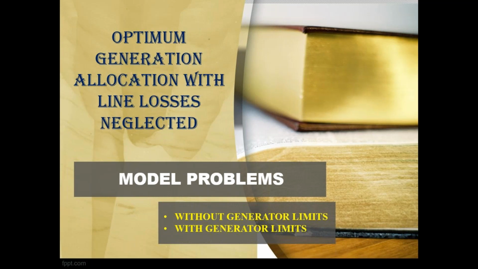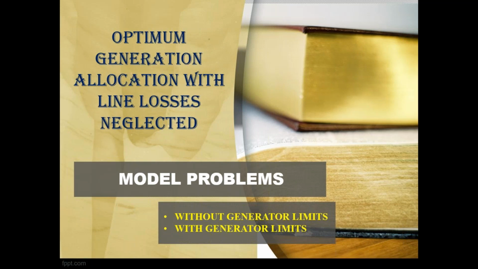Generally, the scheduling process is classified into three ways. One is the normal method. Normal method in the sense we already did two problems on that, one without considering the generating limits and one with considering the generating limits. So that method is called the normal method. The second one is called the analytical method. Why is it called analytical?